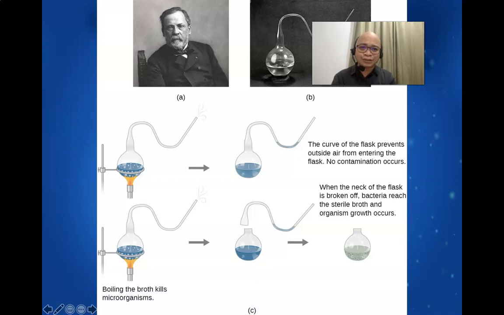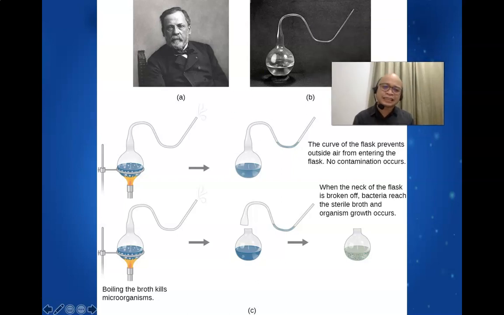And you know what? Louis Pasteur did a unique experiment. As you can see in the first set, he bent the tubing of the flask to be like a swan neck. He called it a swan neck flask, wherein you will have a convoluted portion here.